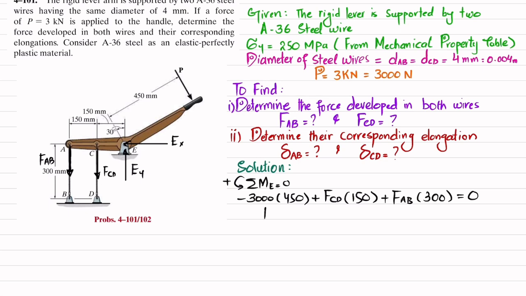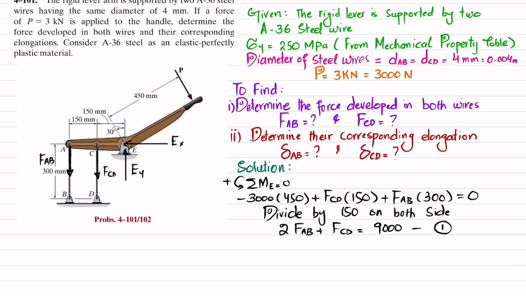If you divide this equation by 150 on both sides, you will get 2 FAB plus FCD is equal to 9000. This is equation number 1.